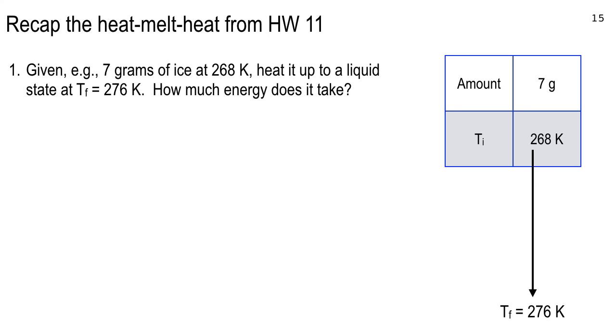All right? So there were questions on the homework about specific heat and what it takes to make 1 gram go up a Kelvin. There was a bunch of specific heat concepts in there.